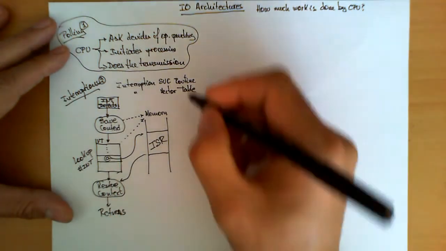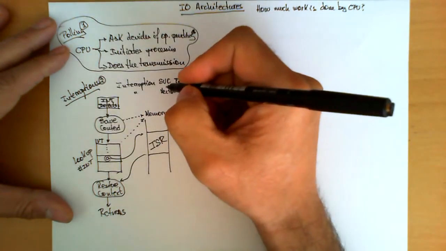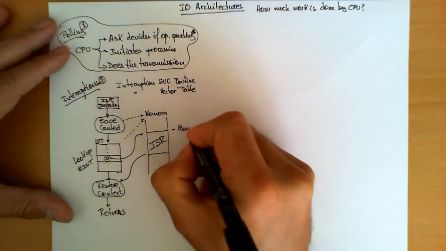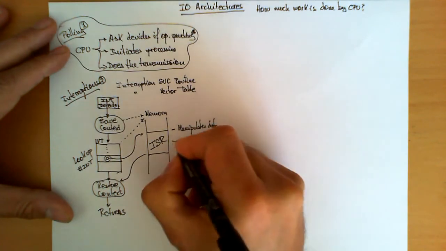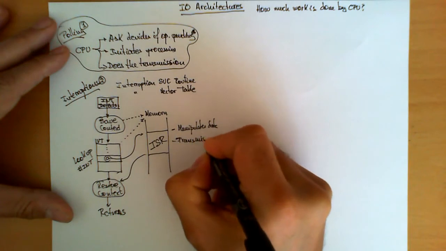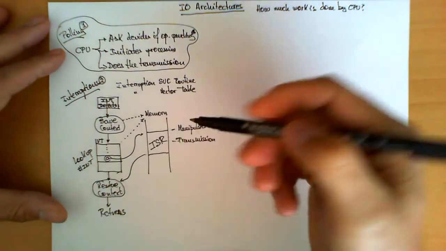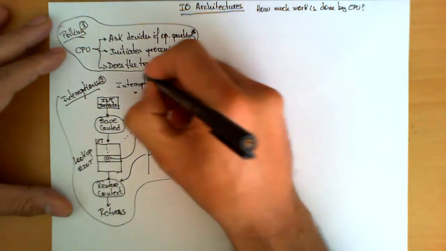Now the key observation here is that we have changed this step about asking devices if they have an operation pending. However, the CPU still manipulates data and performs the transmission of data. So even though from this point of view the CPU reduces its work, it's still carrying quite a lot of operations as part of this input-output processing.